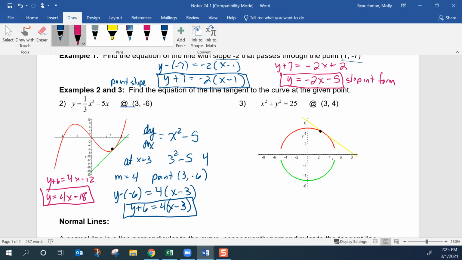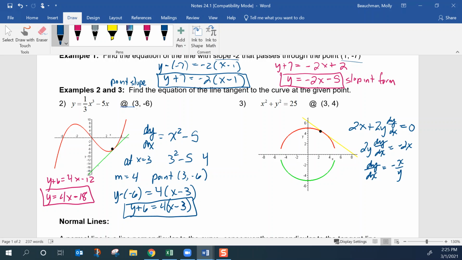Next example involves a circle. We have the circle x squared plus y squared equals 25 at the coordinate (3, 4). Taking the derivative, the derivative of x squared is 2x. The derivative of y squared with respect to x is 2y dy/dx. Derivative of 25 is 0. Take the 2x to the other side. Divide both sides by 2y. And we end up with -x over y.